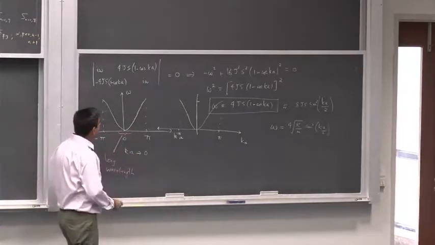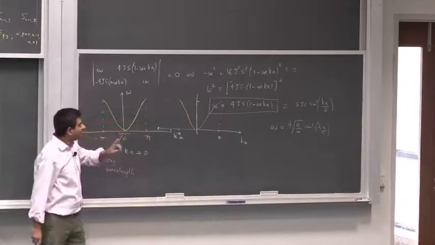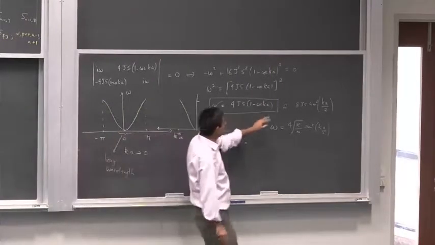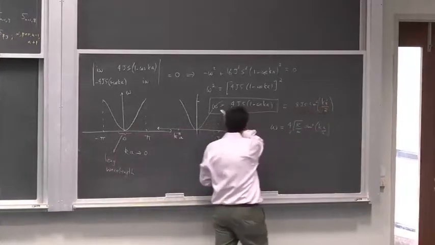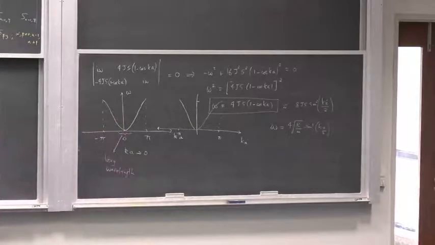So now we've derived the dispersion relationship for these spin waves. And the dispersion relationship is a relationship between K and the energy, the wave number and the energy.